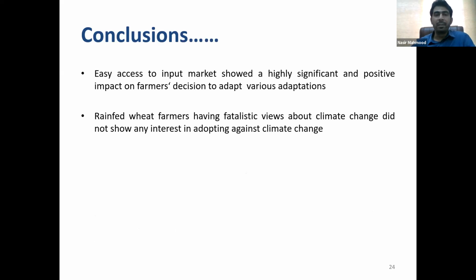Similarly, easy access to input markets has shown a positive impact on the farmers' decision to adopt and on farmers' choice among various adaptation strategies against climate change. And last, farmers having fatalistic views about climate change didn't want to do any adaptation against climate change to minimize the harmful impacts associated with these changes.